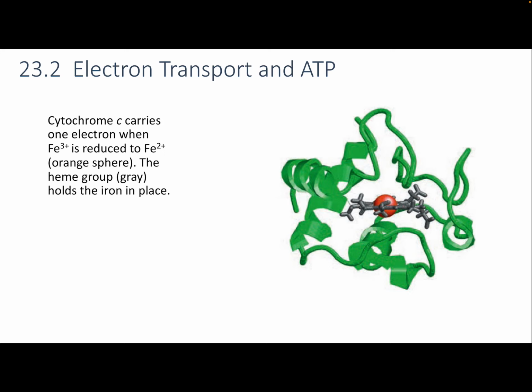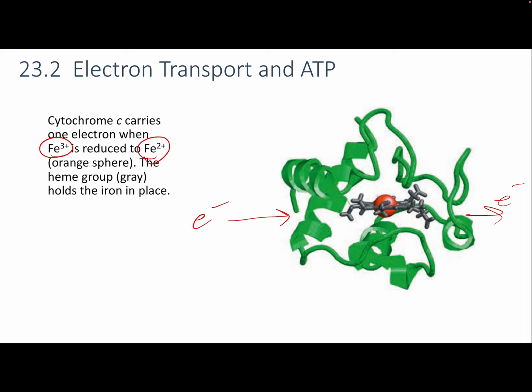Cytochrome carries electrons, and the way that it's able to do it is that the iron itself can be oxidized and reduced. In this case, the iron 3 plus will be reduced to iron 2 plus, meaning it gained an electron, and then it can go back to iron 3 plus when it gives that electron away. And so in a way, these guys are really good at receiving an electron and then giving an electron away. This is what an electron carrier does.